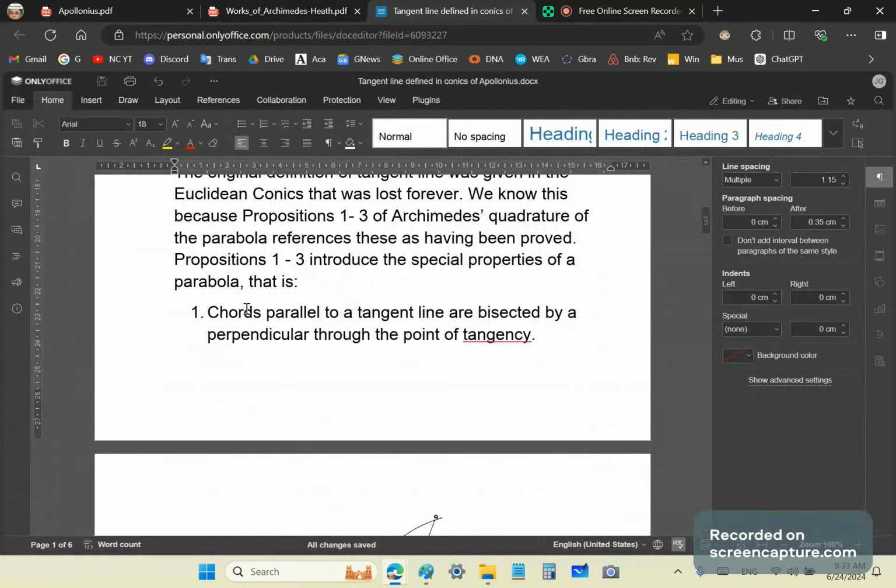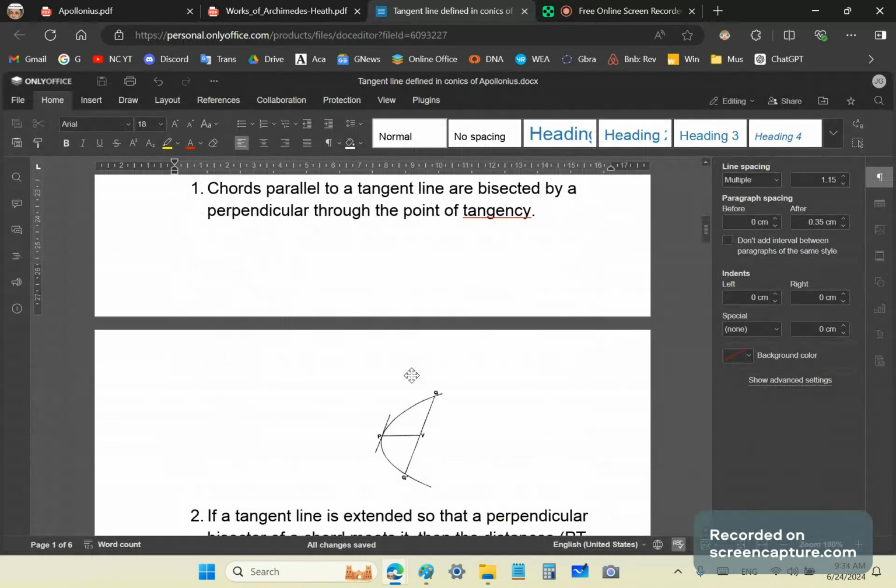So these 3 propositions in the works of Archimedes deal with chords parallel to a tangent line. So if, for example, you have this particular chord here, Q and Q dash, and it's parallel to the tangent line, what it means is that if you draw a parallel to the axis or the diameter of the parabola, it will intersect this chord. Okay, that's what it means.